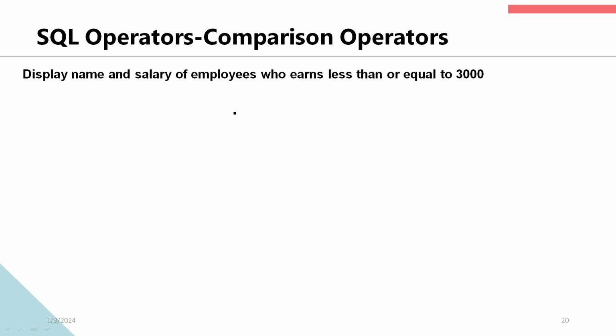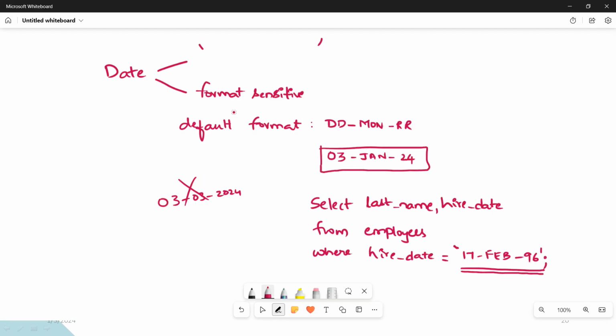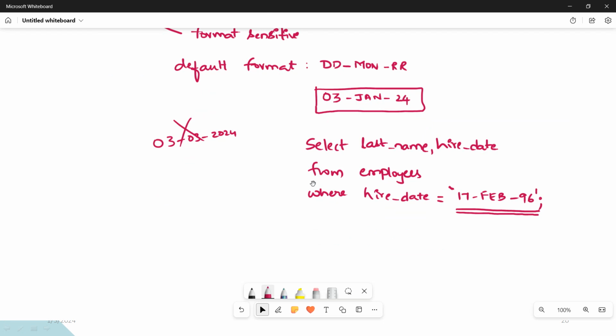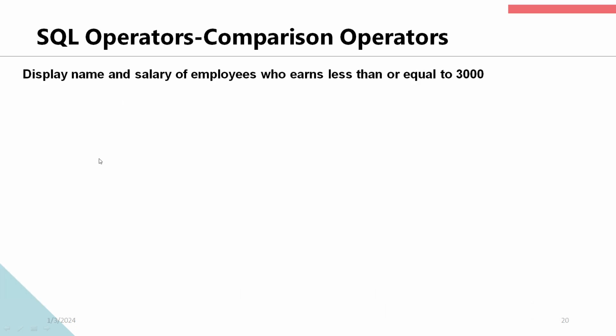I request you to pause the video for a while and try to write the query by yourself. It would be great if you practice in this way. Here I am giving you the answer. It is always good to break down the select statement into clauses and treat it as a fill-in-the-blanks approach. From which table? Employees table. What data is required?